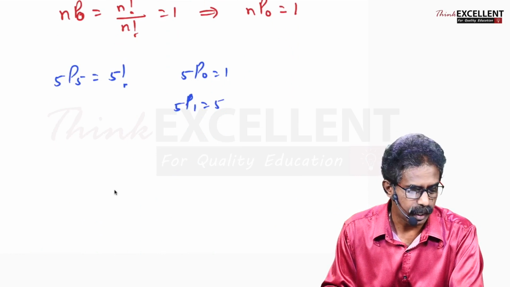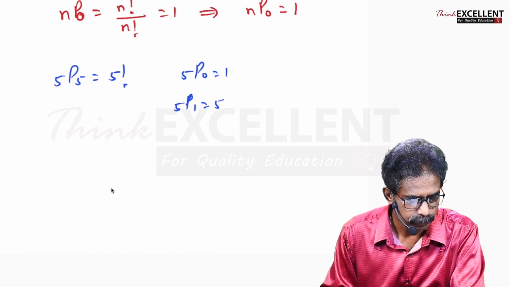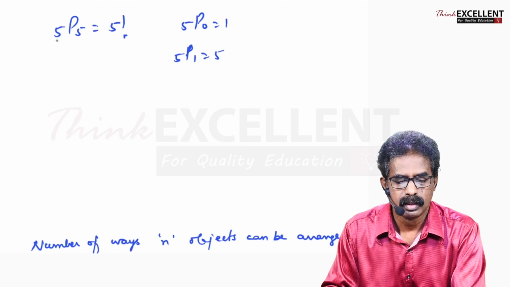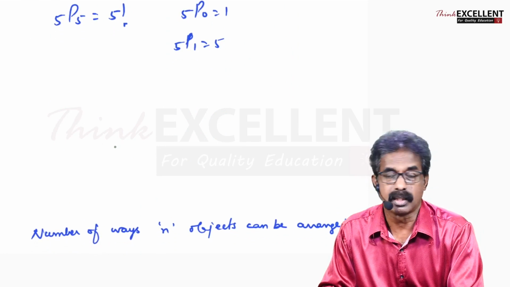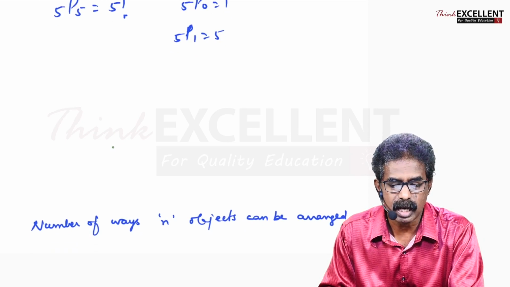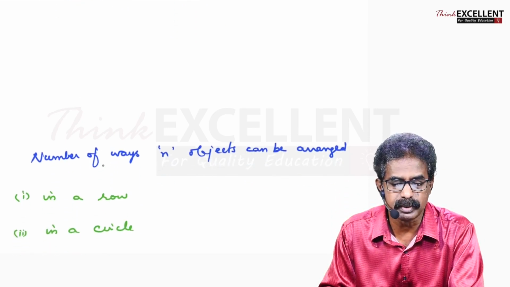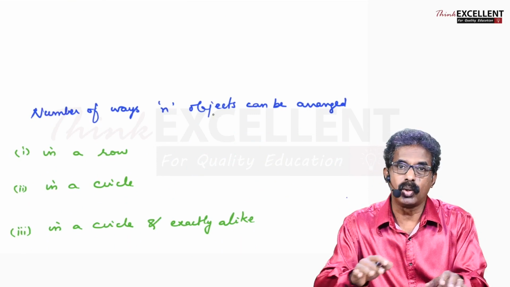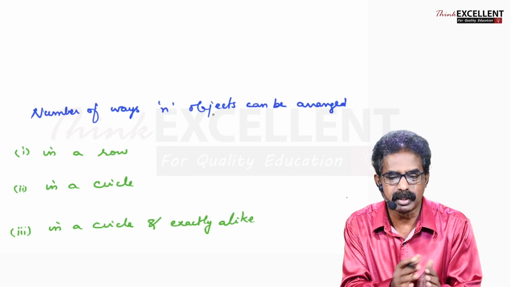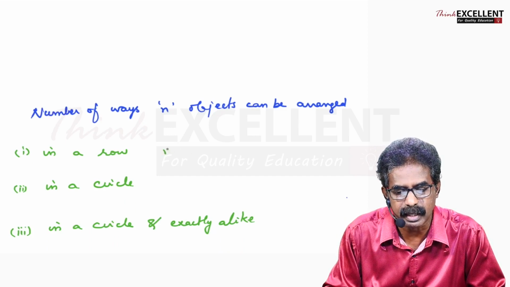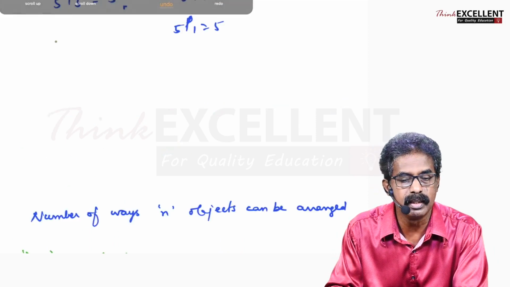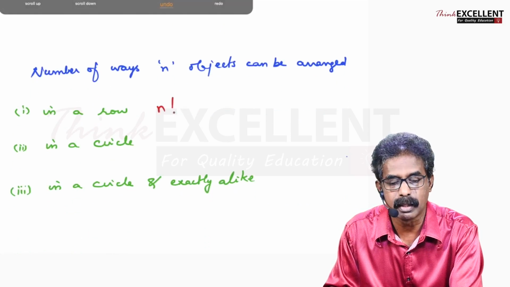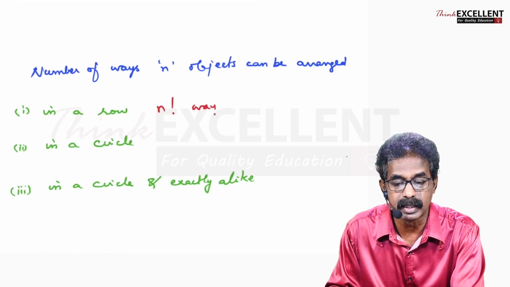The next thing you need, I'm going to give a set of formulas. Please listen to this, 3 results. Suppose n objects are given. In how many ways can you arrange n objects? The number of ways n objects can be arranged in a row, in a line, is n factorial. So 5 objects can be arranged in 5 factorial ways in a line.